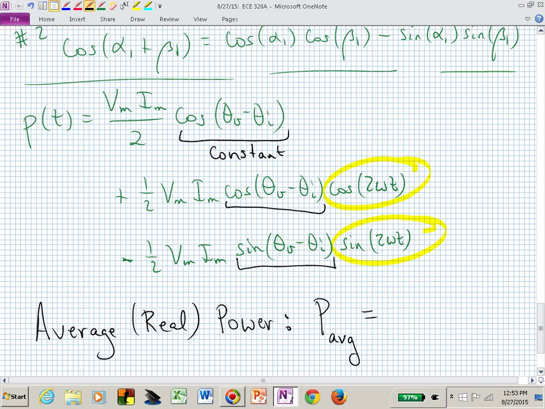Meaning, now my P average is 1 over T, that's the period, let me just say from 0 to T of little p of t dt.